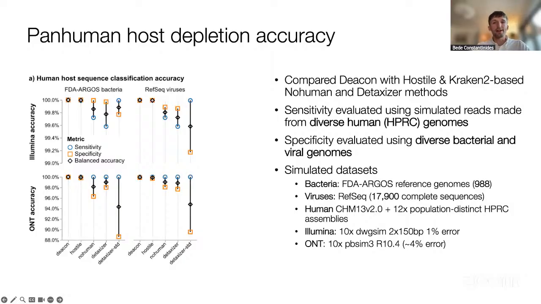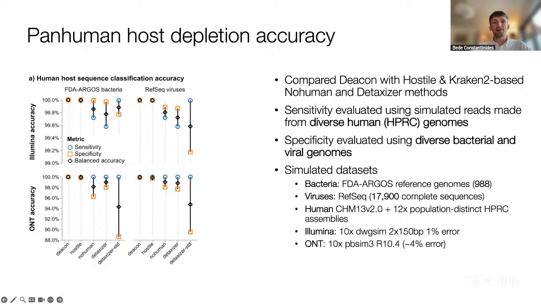So, rather like I did with the Hostile manuscript, I simulated a really diverse catalogue of microbes in order to validate the specificity of the approach, which I think is quite unique in this field. Here we're showing sensitivity, specificity, and balanced accuracy, the balanced accuracy being the black diamond, all on one plot.